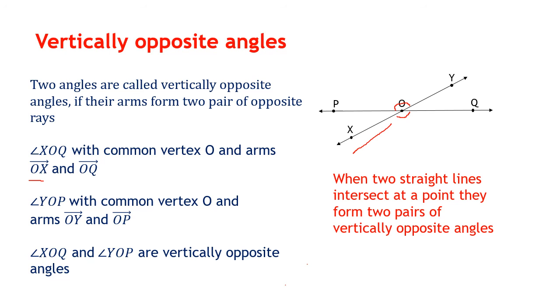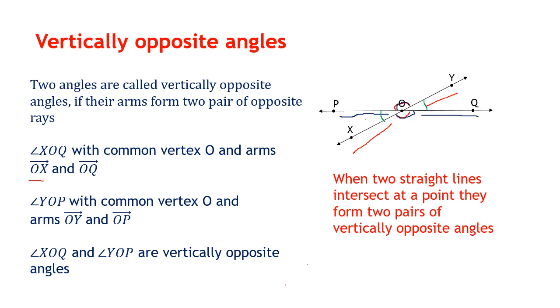OX is opposite to OY, and we have OQ is opposite to OP. So POY and XOQ are vertically opposite, and similarly YOQ and POX are vertically opposite angles.